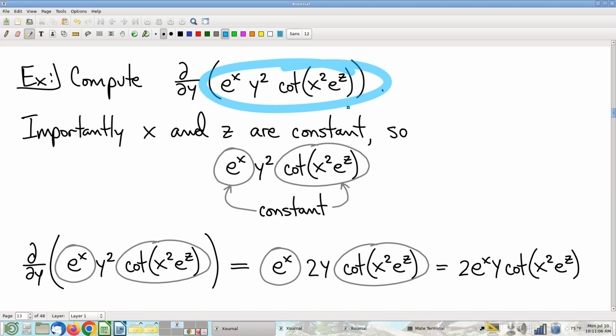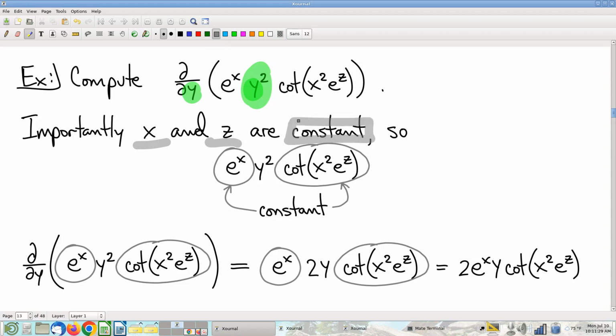Here's the beautiful point, though. Keep in mind, we are taking a partial derivative with respect to y. So y is our variable. That means that this factor right here, y squared, is the only part of this function that is not a constant. All the other variables, x and z, you hold constant.